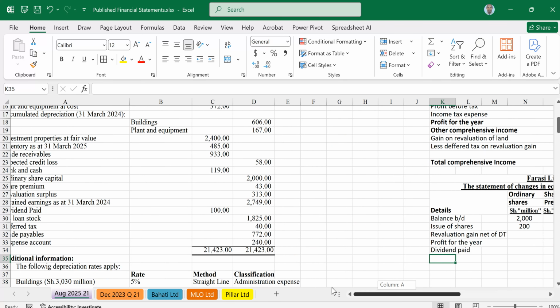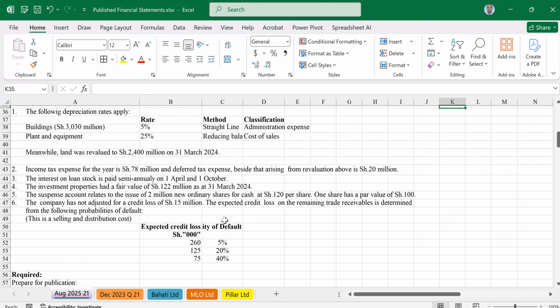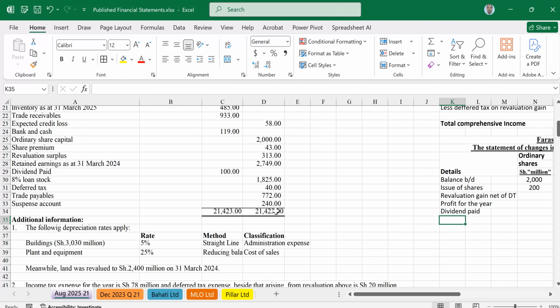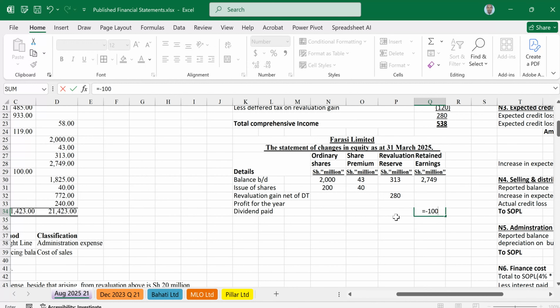There is no dividend in the additional information. The one that was paid is 100. That affects our retained earnings. So equal sign negative 100. Because I want to deduct, that's why I'm putting it in negative.